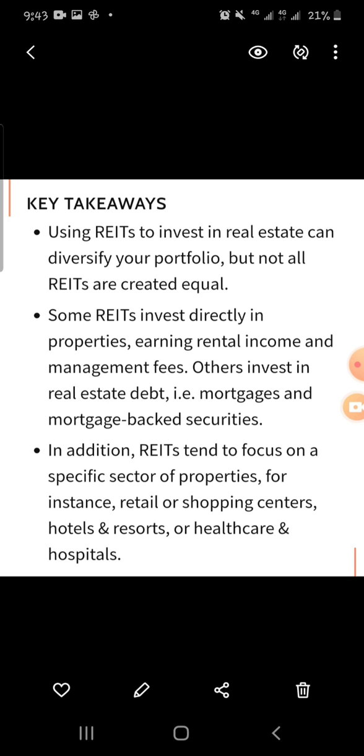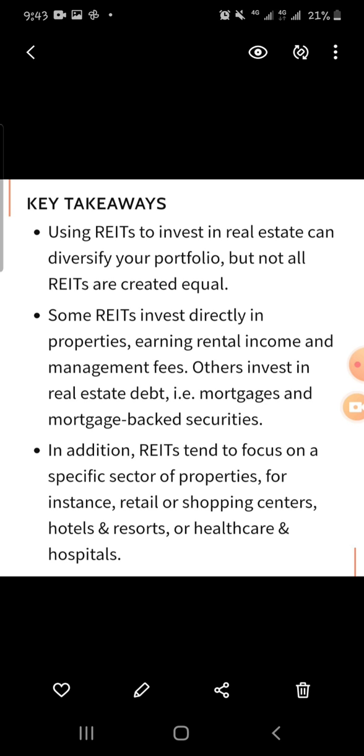And lastly, these real estate investment trusts tend to focus on specific sectors of properties. For instance, they focus on commercial properties, such as retail or shopping centers, hotels and resorts, healthcare and hospitals. So they focus basically on large expanses of real estate.